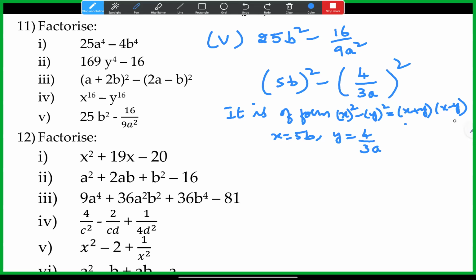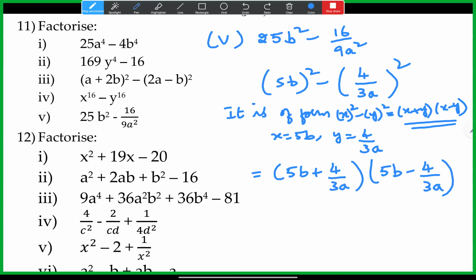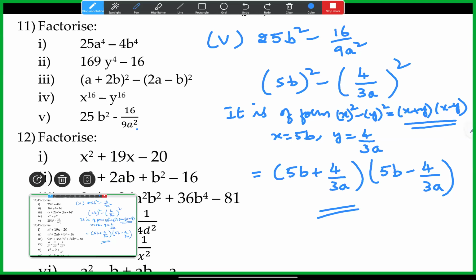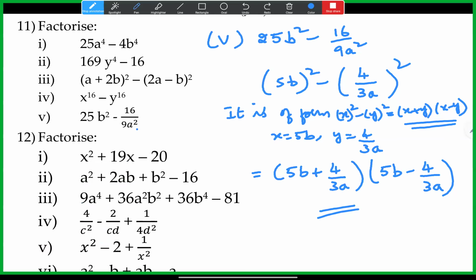So the answer will be 5b plus 4 by 3a into 5b minus 4 by 3a. This is our answer. We cannot do anything further. Any doubt, Maisha, check.